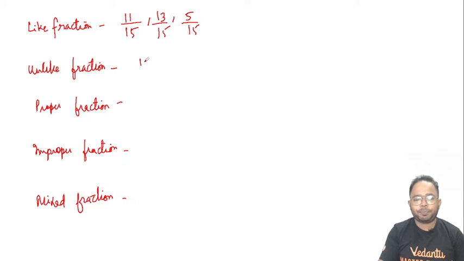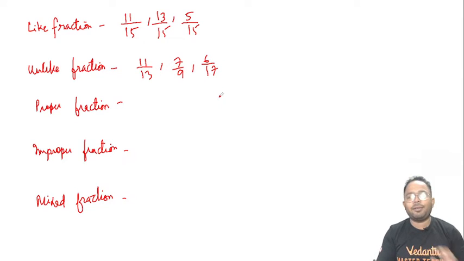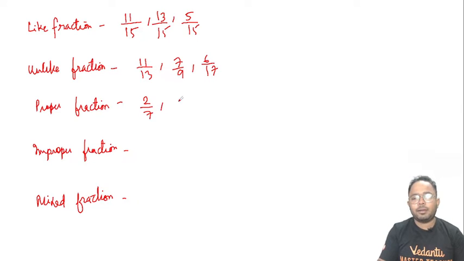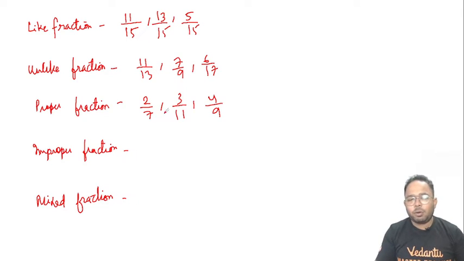Let's say 11 by 13, 7 by 9, 6 by 17. These are unlike fractions. Next comes proper fractions. Proper fraction means the numerator should be less than the denominator. Like 2 by 7, 3 by 11, 4 by 9.